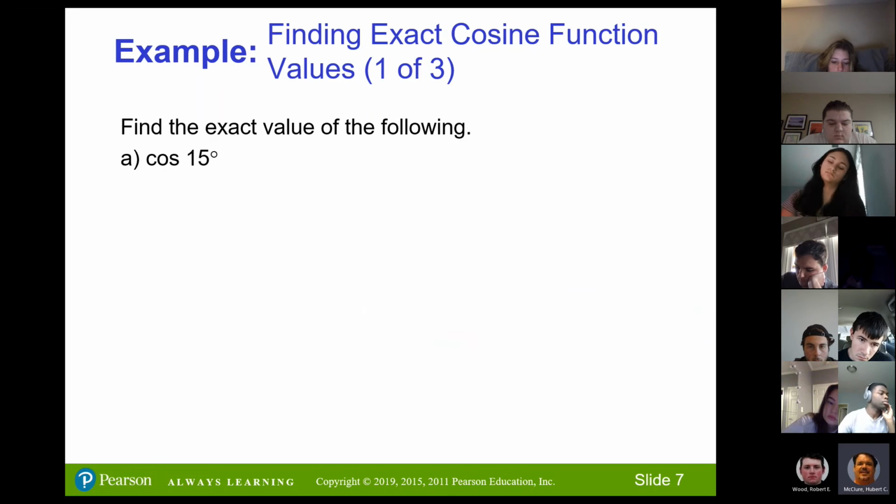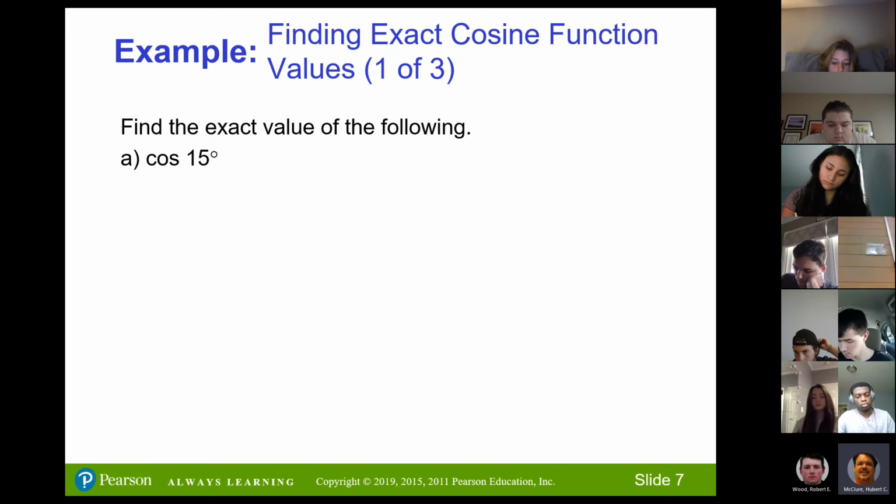And this is what a test question will look like. Basically, you find that it'd be 30 and 45. That's what you could do, 30 and 45, which would be 45 minus 30.